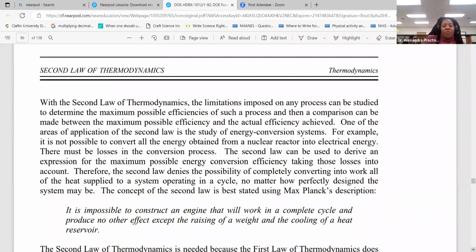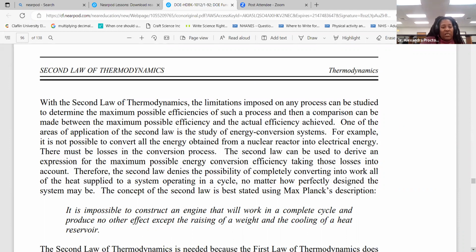So with the second law of thermodynamics, the limitation imposed on any process is studied to determine the maximum possible efficiencies of such a process. And then the comparison can be made between the maximum possible efficiency and then the actual efficiency achieved. One of the areas of application of the second law is the study of energy conversion systems.